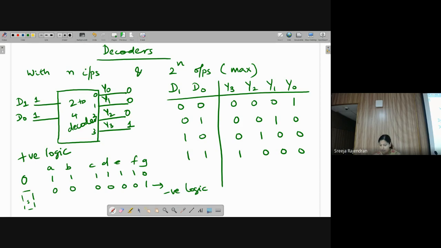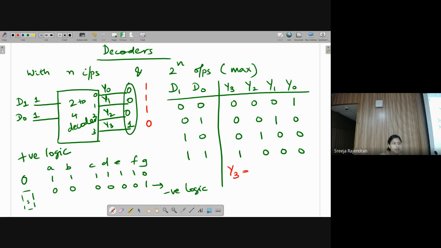Similarly, here also I can represent my high with a 0. In that case, if Y3 is active, Y3 will be 0 and the rest will be 1. Both are possible. You can use either representation. Now, how do I write each of my terms? What is Y3 in terms of my input?